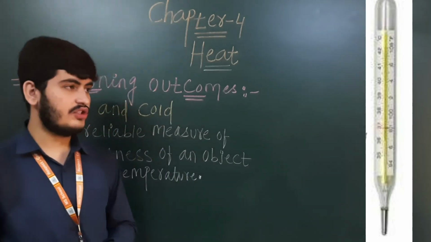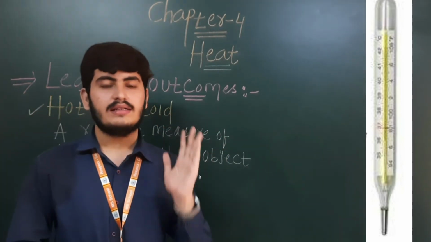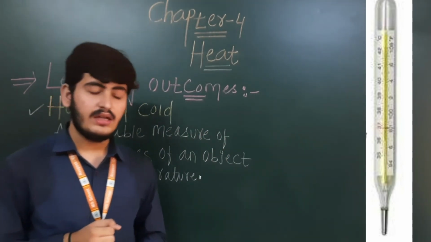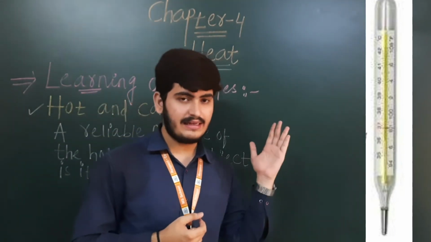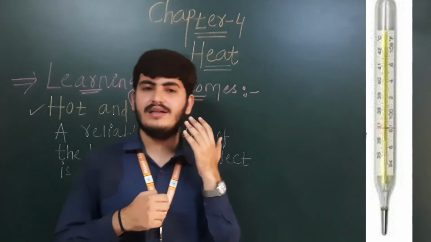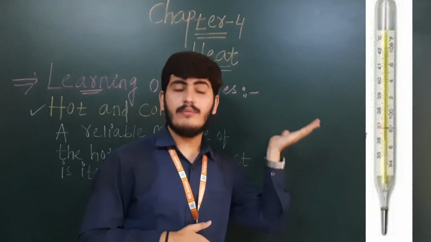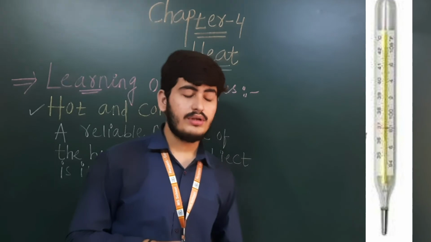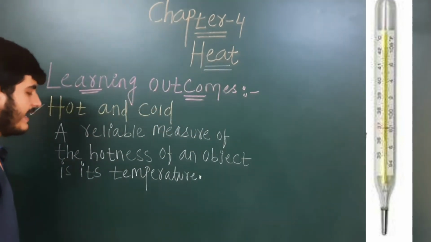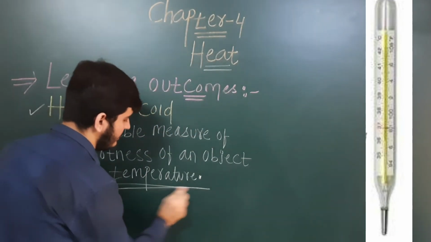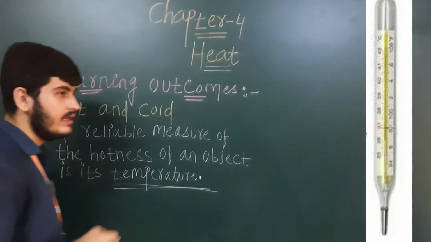Yes, this is the picture of the clinical thermometer. You have seen this many times. Might be you all have one at home also. From this thermometer we will come to know about the temperature of our body. So temperature is measured by the thermometer.